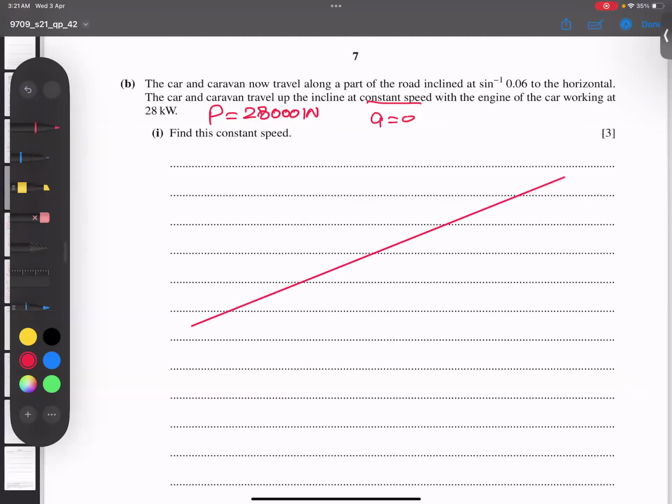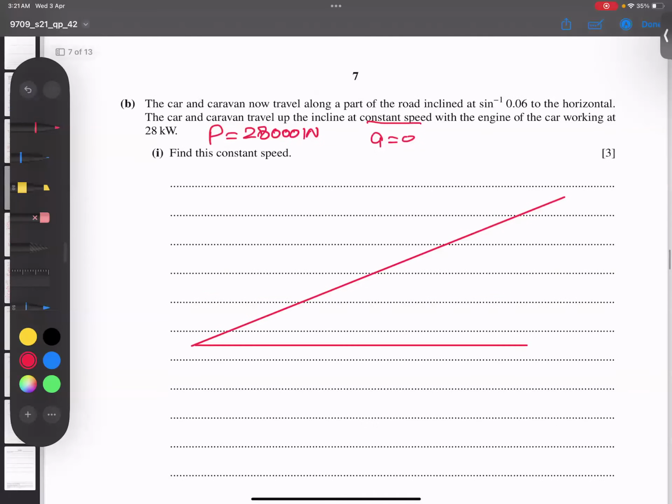We can work this question with connected particles, or we can work with combined particles. You ask, how can we work with combined particles? The point is very clear: both particles are going at constant speed, so if I take them together and make one object, no problem.